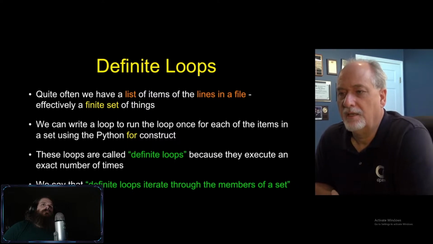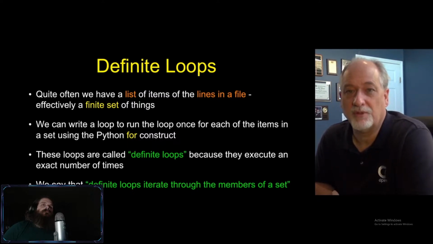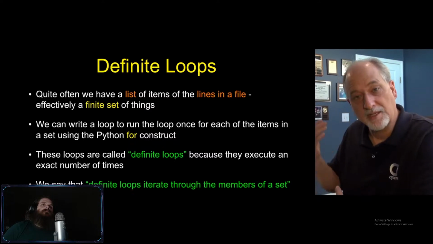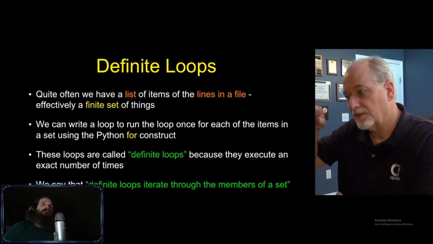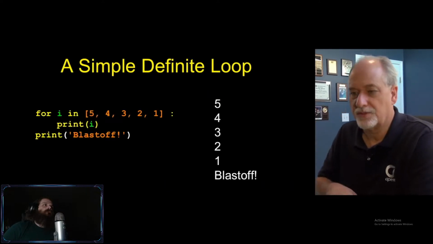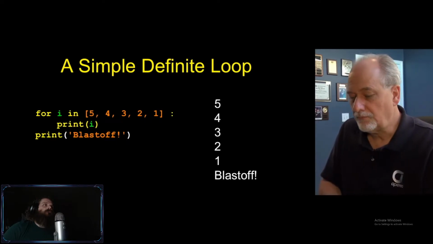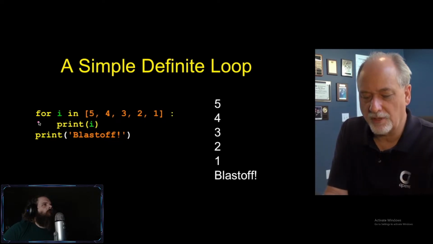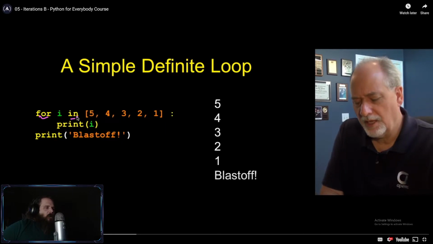It's an easier way to construct it, and we actually don't have to deal with the iteration variable. The for loop includes a mechanism to construct the iteration variable for us. So definite loops iterate through the members of a set. So here's a very simple for loop. And so you see the for keyword, and in is also a keyword. I'm sorry. Let me back up again.